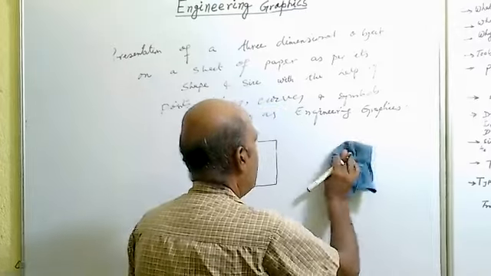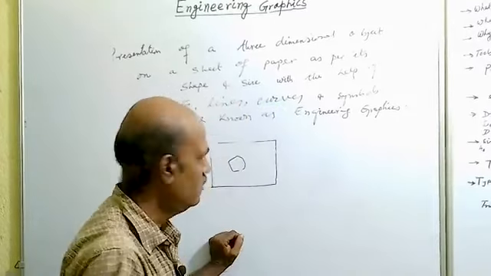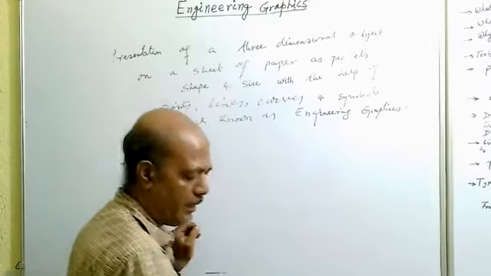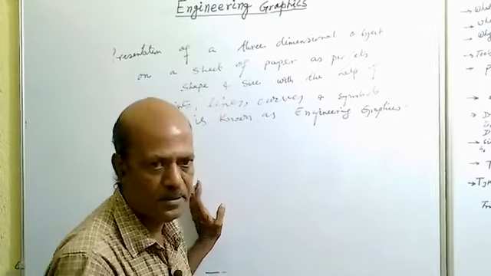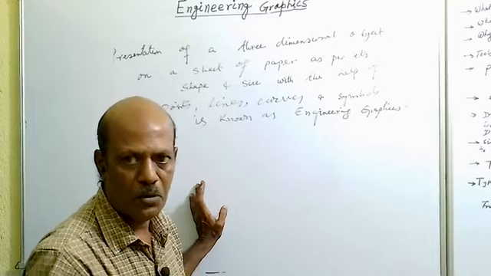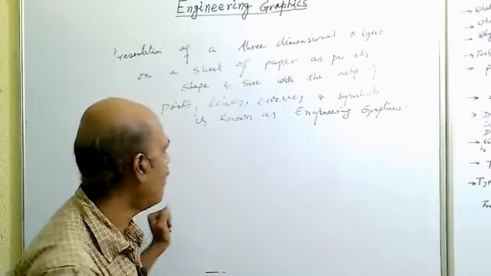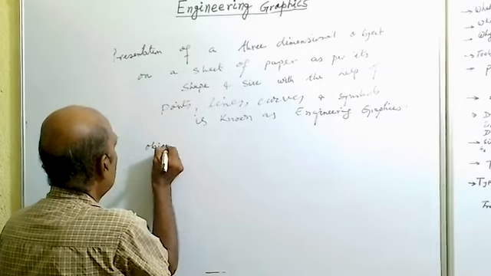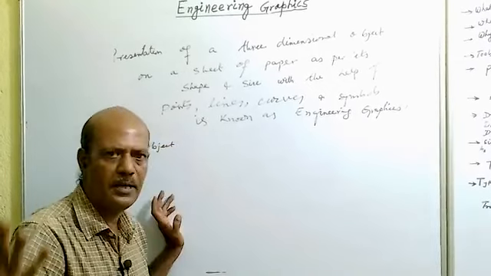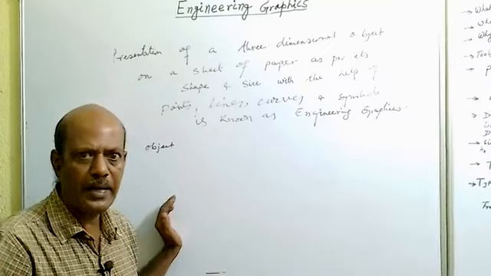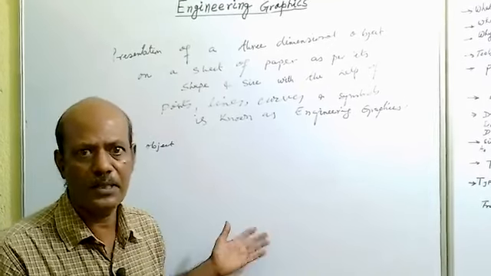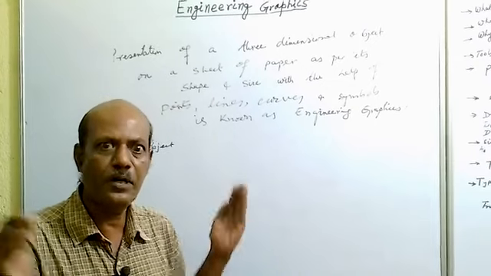Okay. Now, what is the need of this subject? If we consider the object, all the objects are three-dimensional objects, and the idea of every object is conceived by somebody.